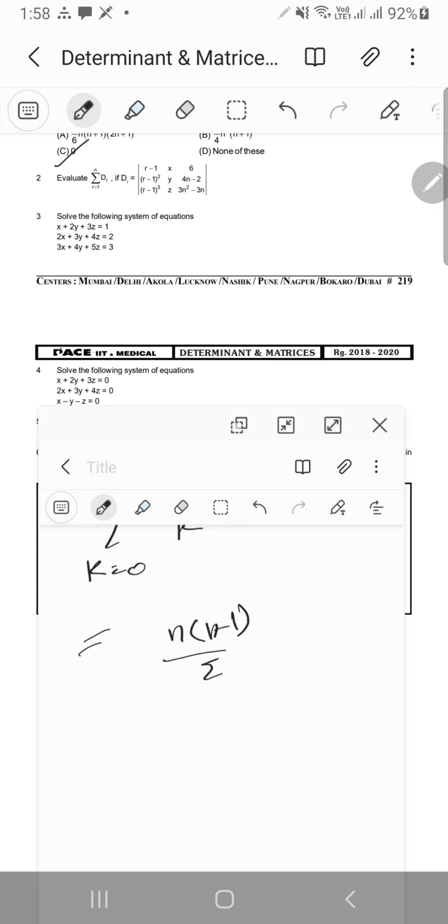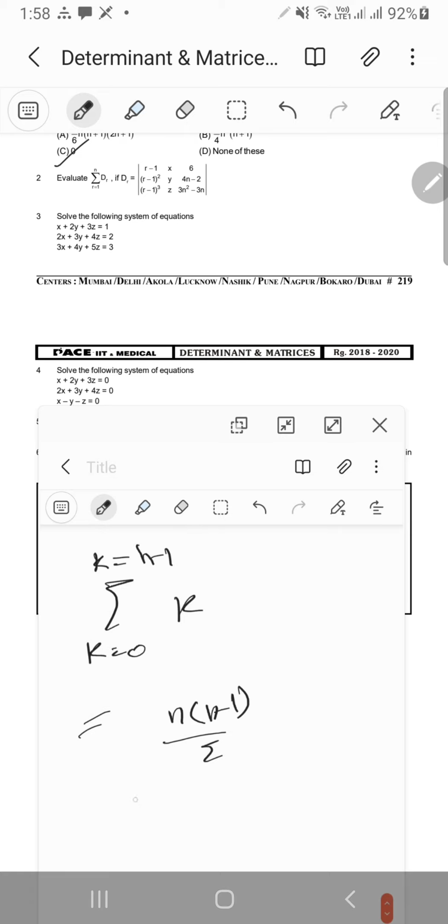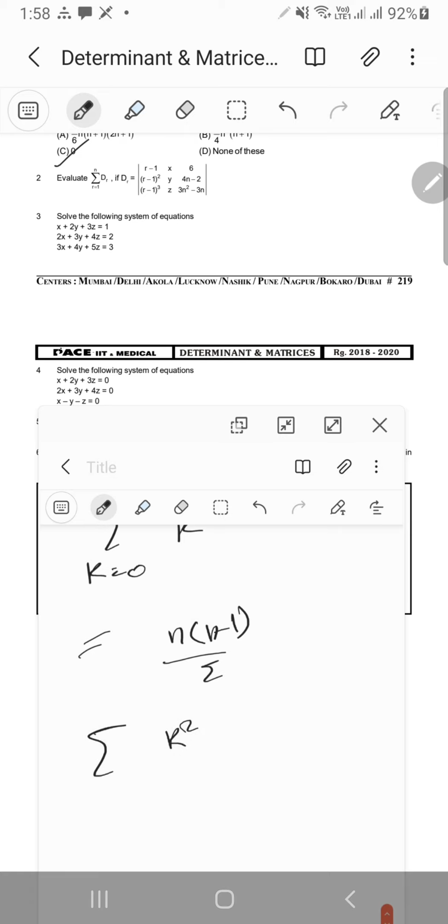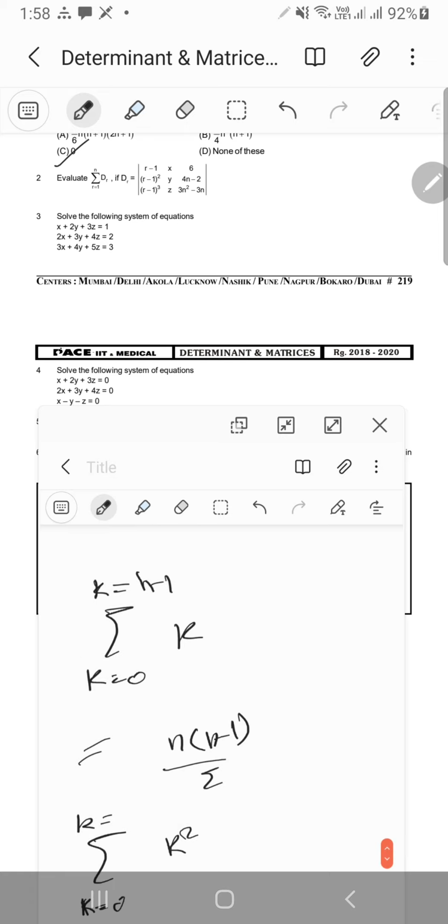Cool. The other thing is r minus 1 squared over there. What will that be? That will be the summation of k squared from k equal to 0 all the way till k equal to n minus 1. Fine.